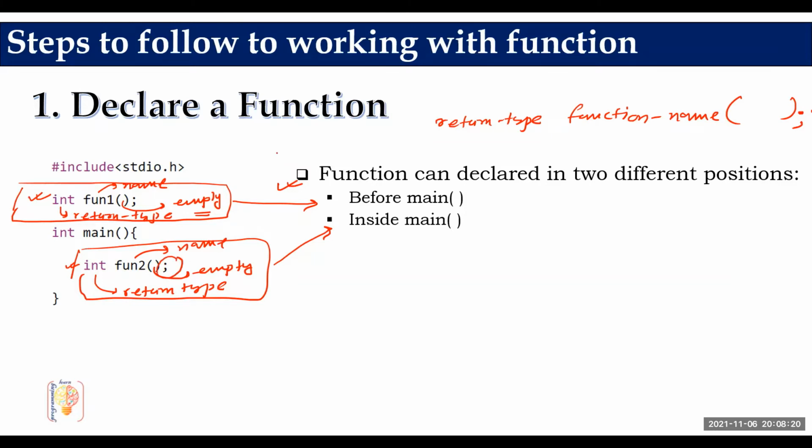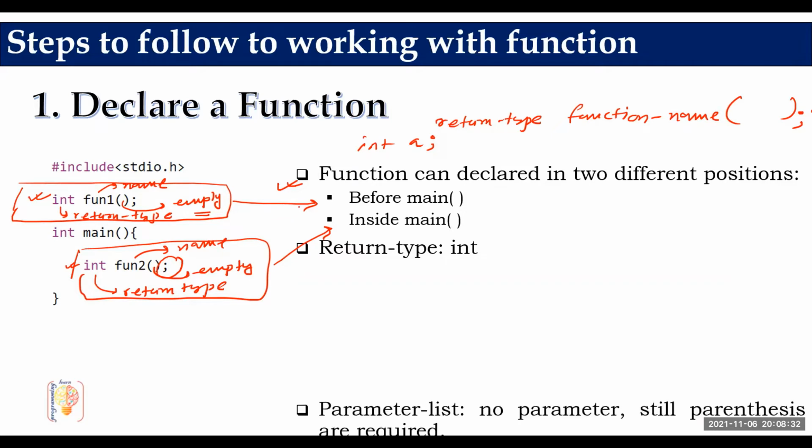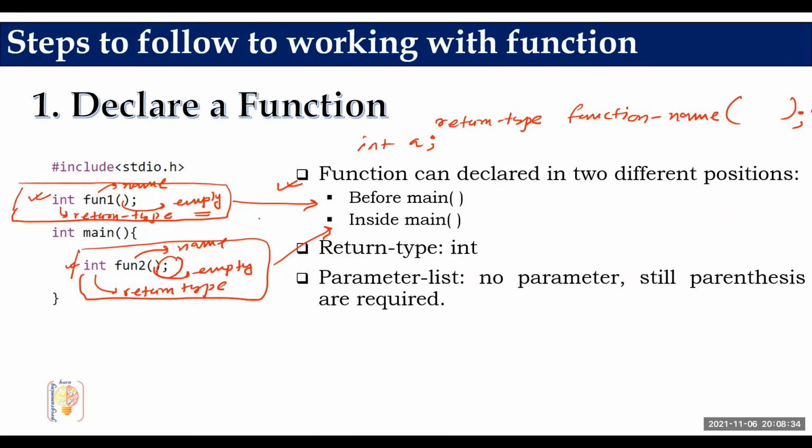Semicolon means end of statement. When we declare a simple variable also, we give a semicolon, that means end of declaration. Here return type is int for both the functions, and there are no parameters as of now. But still parentheses are required even though we did not pass any parameter.